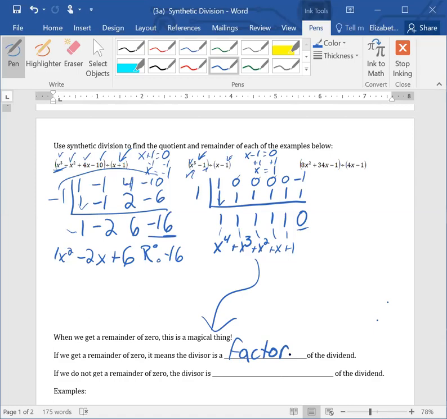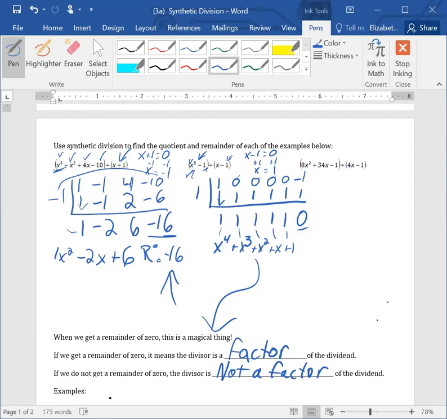It is an even number without any remainders. All right. If we do not get a remainder of 0, the divisor is not a factor. Most of the time with polynomial division, it's not going to be a factor. Like this one, remainder of negative 16. Our big example on the first page, we had a remainder of 16, was not a factor. Okay.